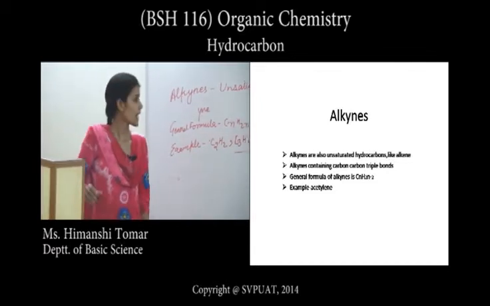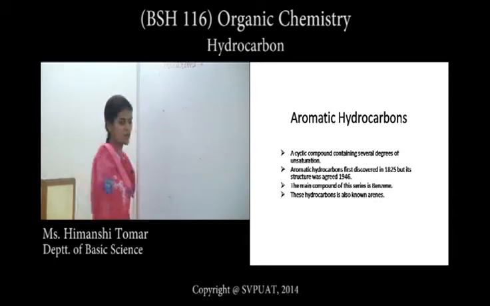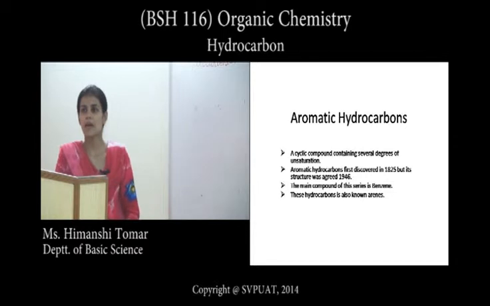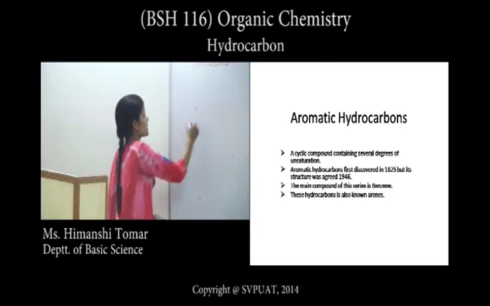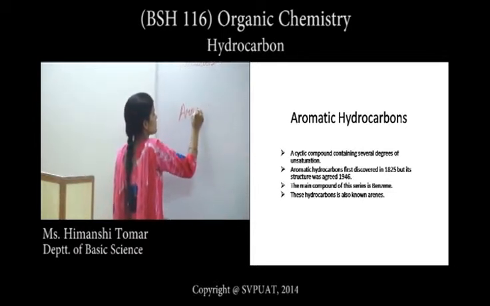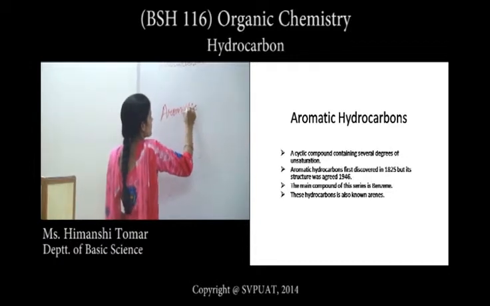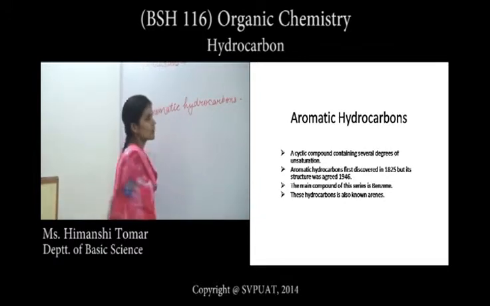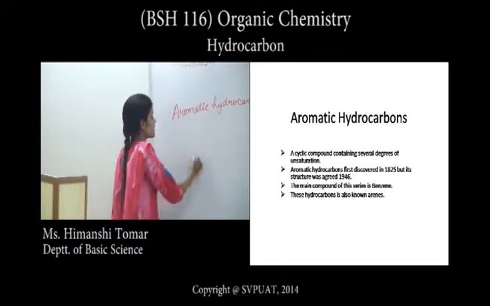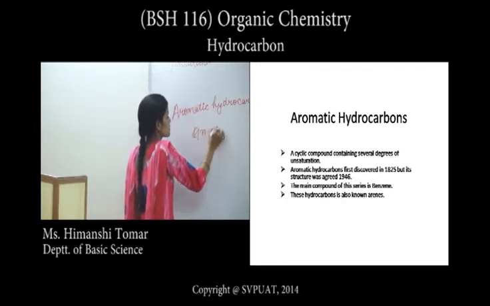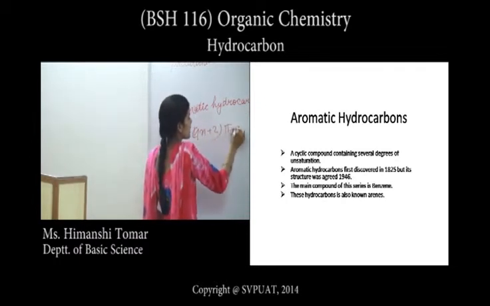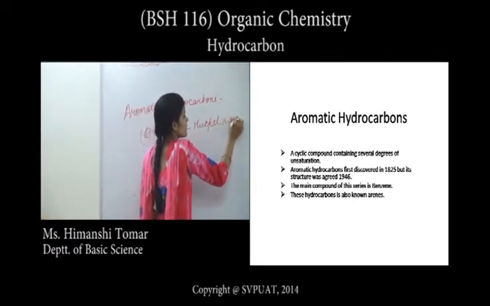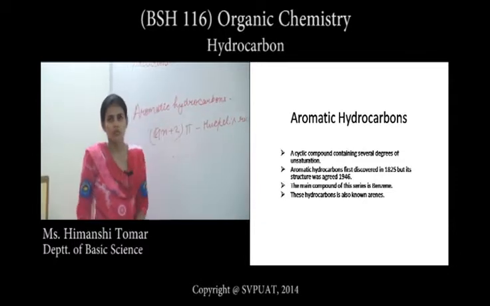Now we study aromatic hydrocarbons. Aromatic hydrocarbons are those hydrocarbons which have a cyclic chain or benzene ring. Aromatic hydrocarbons follow Huckel's rule, which means 4n plus 2 pi electrons. The compounds which follow Huckel's rule are known as aromatic compounds.